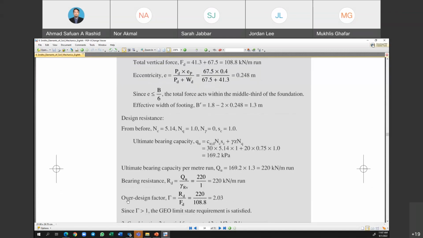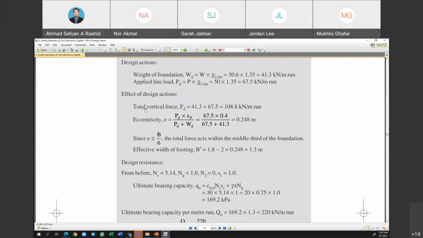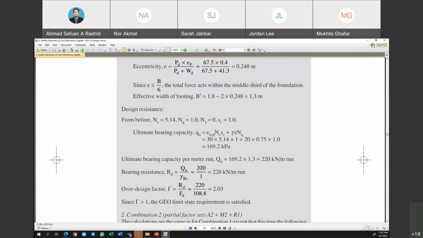The last one is to get the over design factor, RD, which is the 220 that we have calculated, over FD, the total vertical force, 108. So the ratio will become 2.03. Since the over design factor is greater than 1, the geo limit state requirement is satisfied.